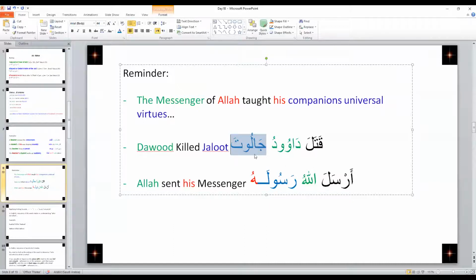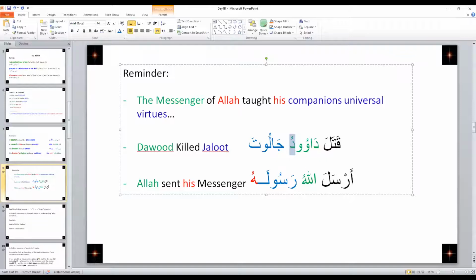Now I want to explain something very fundamental about the language of Al-Quran. Qatala is the action. Dawudu is the doer of the action. Jaluta is the receiver of the action. Now, this fatha is a sign of nasb status. This dhamma is the sign of rafa status.